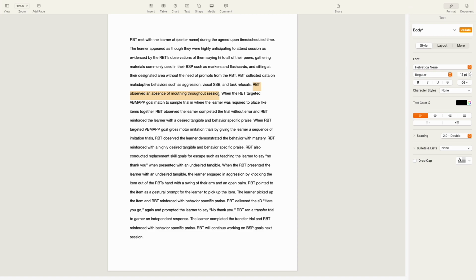Because that's pretty significant: normally you're taking data on mouthing, and today you didn't see them mouth, and you want to write that down because that means your interventions are working. They didn't engage in it. So they might have more behaviors than aggression, visual SSB, task refusals, and mouthing. They might have motor SSB, right? Or biting as a behavior.